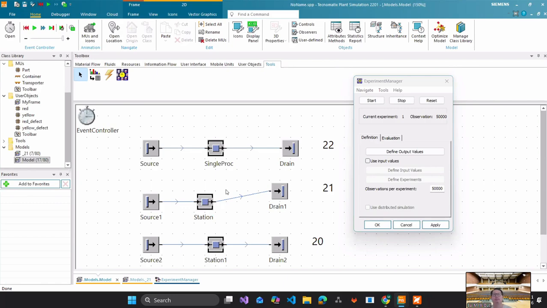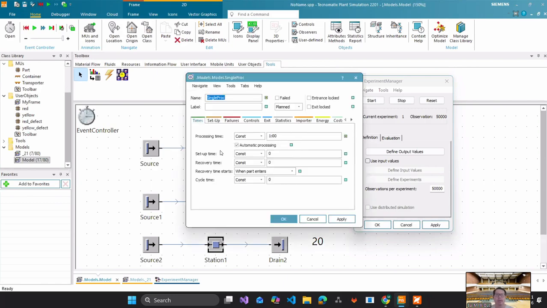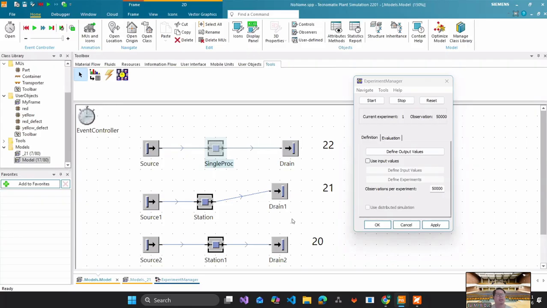So if in the first experiment the processing time is 1 minute, in the second setup I want to try out a processing time of 2 minutes, what will happen? The 1 minute and the 2 minute processing time are totally different systems, totally different models, which means different experiments.